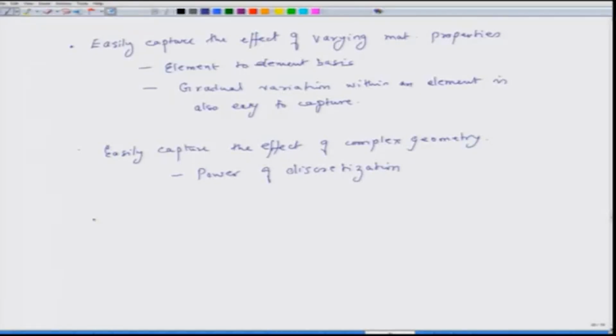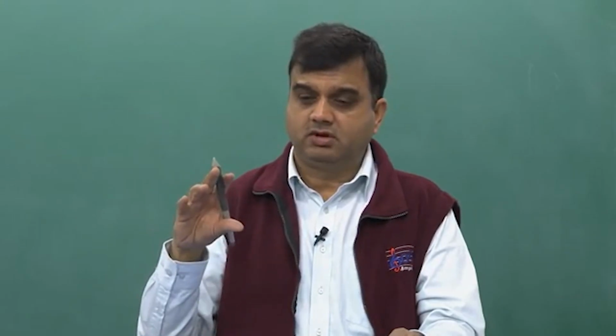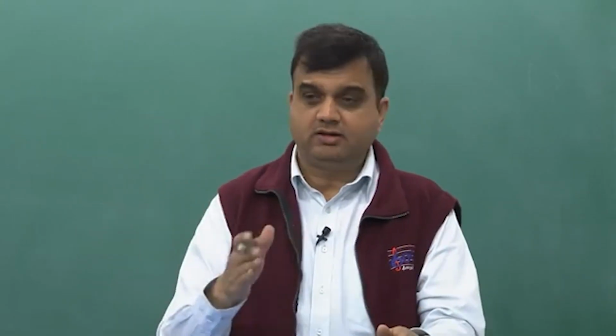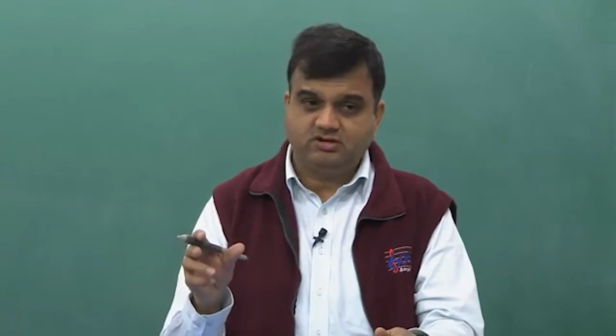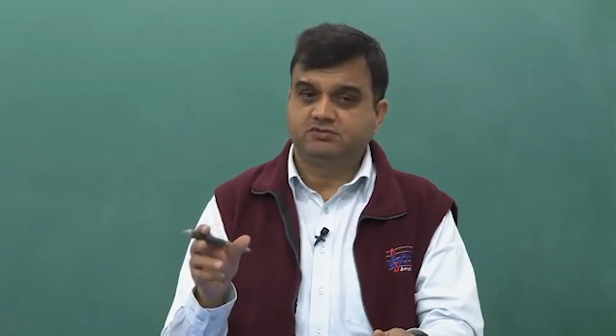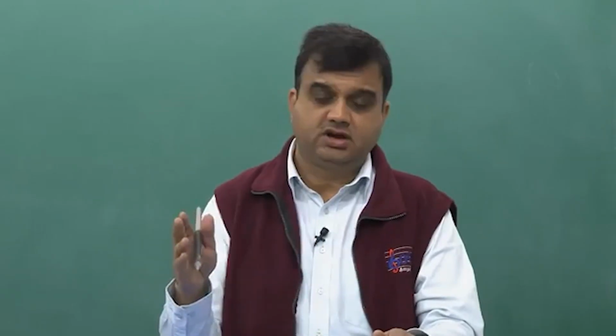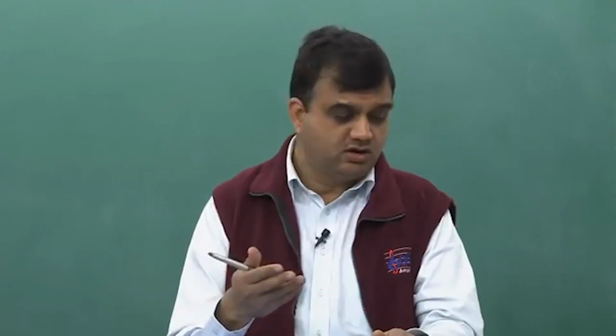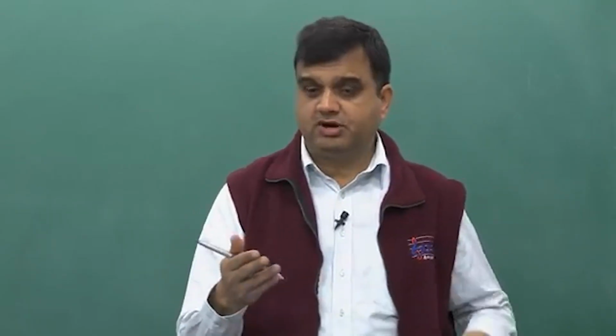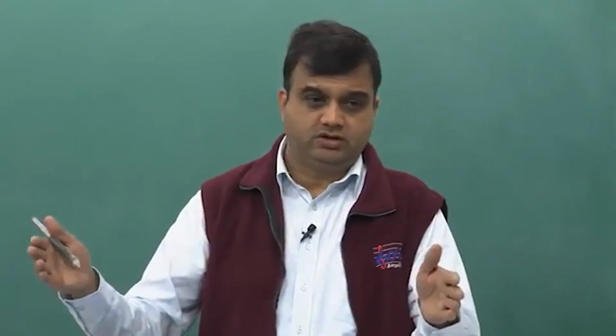The third thing I wanted to mention is that we had discussed the overall philosophy: we develop an equilibrium equation, and then we discretize the geometry on an element by element basis. Then for each element, we assume some shape functions or polynomial functions, which help us explain how the dependent variable, the variable whose values we are interested in finding, varies over the domain of the element.